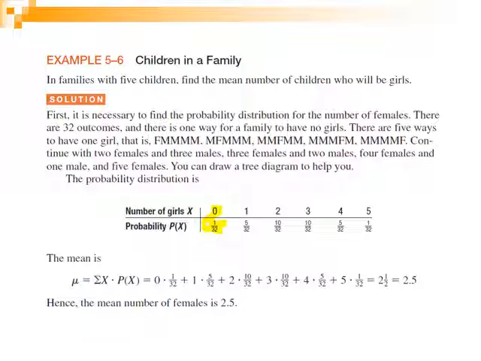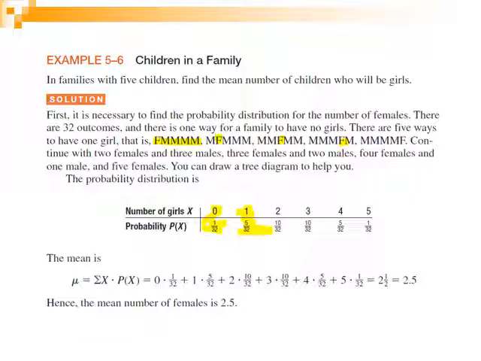The probability of getting one girl: this occurs 5 times. Here we have a female one time and 4 males, and here we have a female and 4 males, and male, then female, and then 2 males, and 3 males, female, and male.